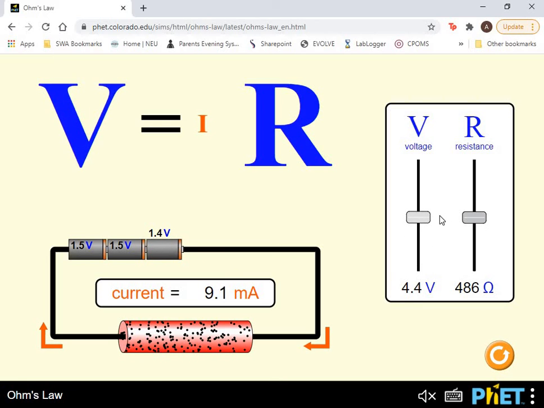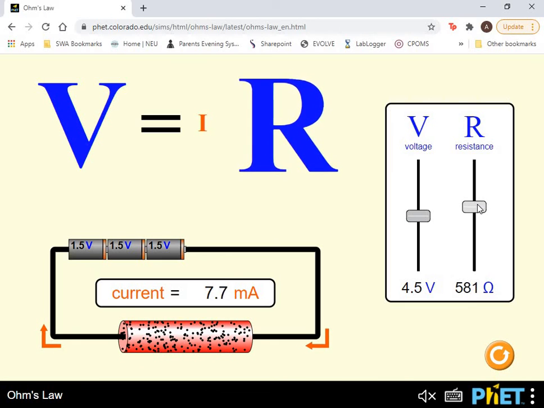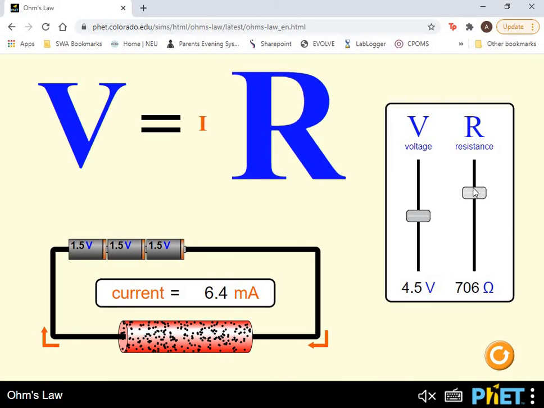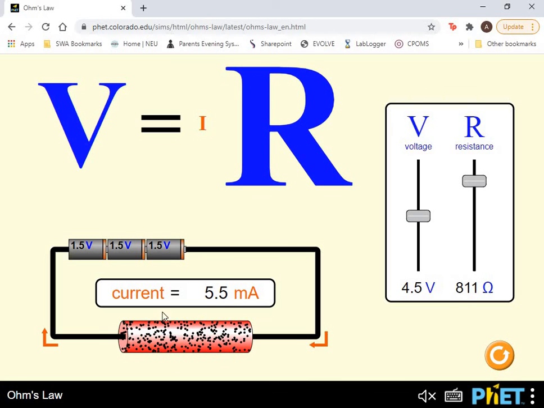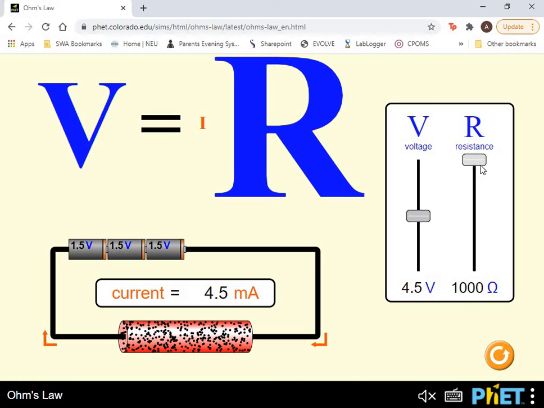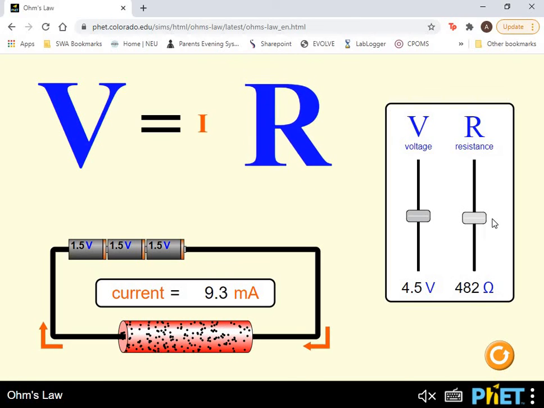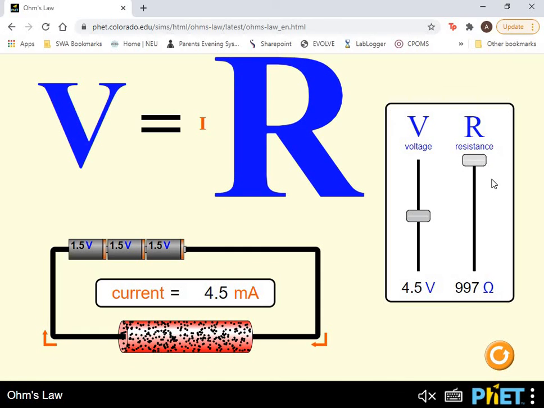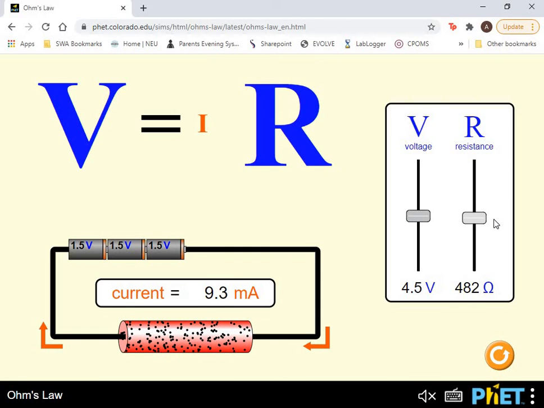Now let's see what happens when I change the resistance. If I increase the resistance, you can see the amount of resistance that's in here increases. You can see that the I is coming down. My current is getting smaller. So if I increase resistance, my current decreases, okay?